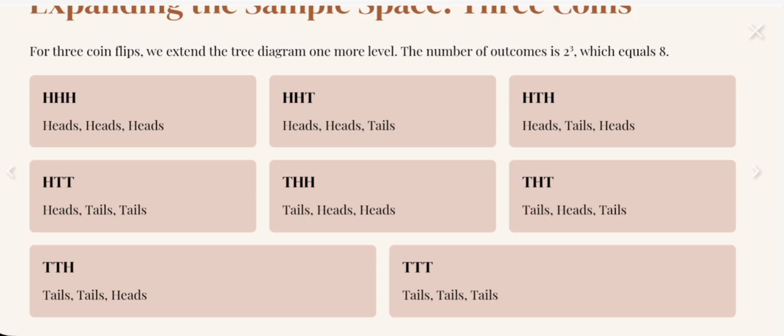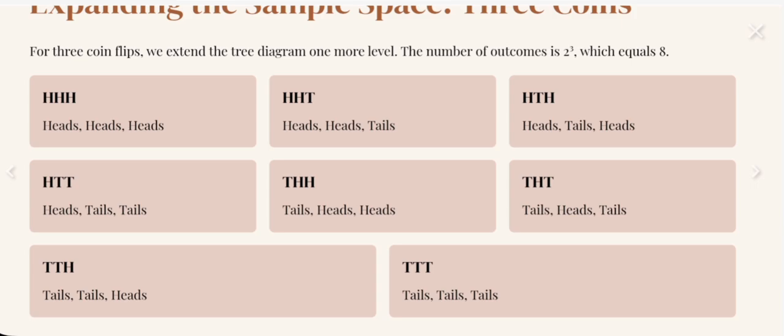So here's the first possibility. We can get three heads. So I'm going to write that as HHH. The second possibility is getting heads, heads, and then tails. So HHT.